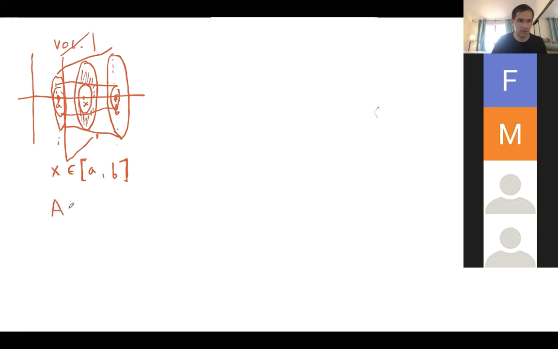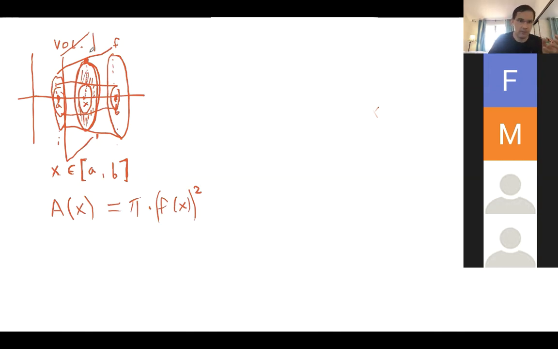So the area of this cross section given by this point x is going to be equal, let's see, the area of this big circle is going to be pi times the radius of this circle, but this is exactly f. So the function was f, so this is exactly f of x. And then I want to square this.